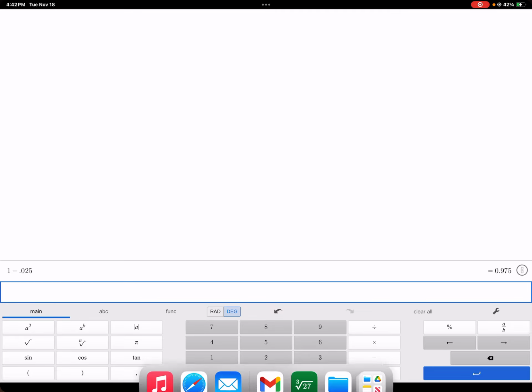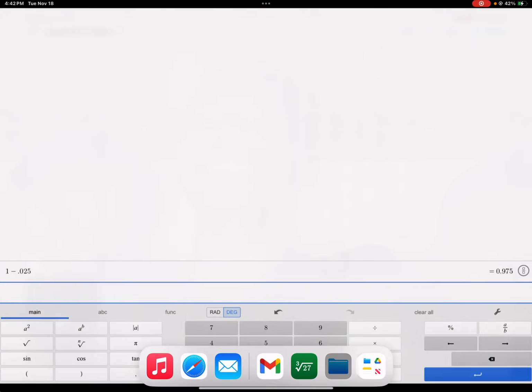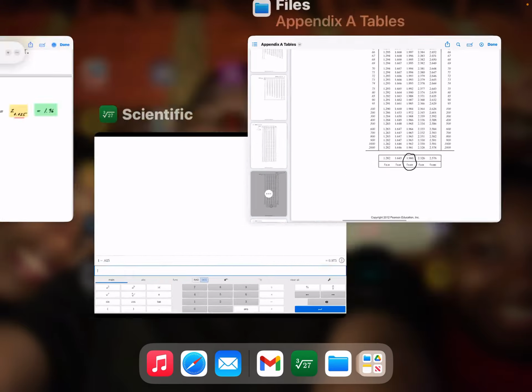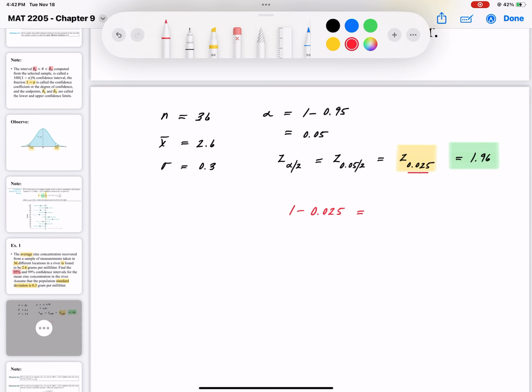That gives us 0.975. And then I go looking in my chart.